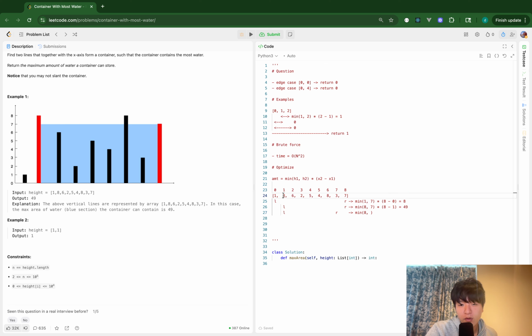Wait, so I wonder if I can move the left pointer instead, because it actually increases the min of h1, h2.